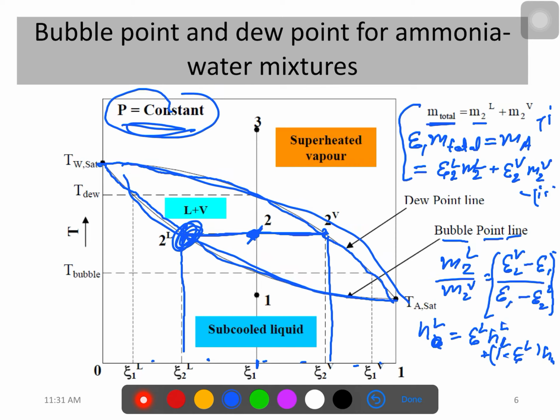This is ammonia, this is water, because at this point ammonia is also there, water is also there. So इस point पर जितनी भी liquid की concentration है उसका कितना quantity अमोनिया के पास है, कितना quantity वाटर के पास है, plus delta H.